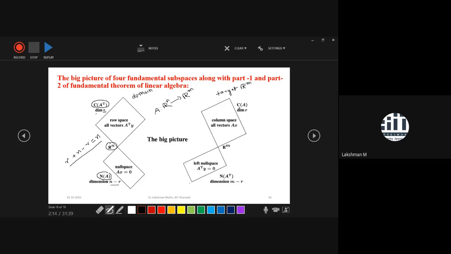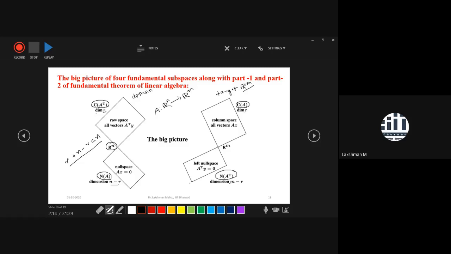Similarly, if you find the column space of A, it would be a subspace of your target space, and the null space of A transpose would also be a subspace of your target space Rm. The dimension of column space is again equal to the dimension of row space of A. That one is r.